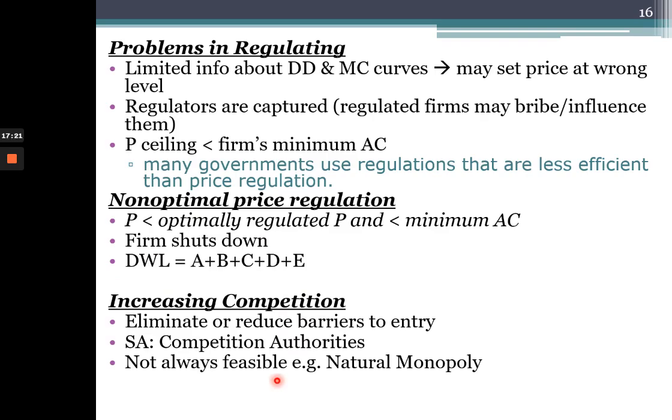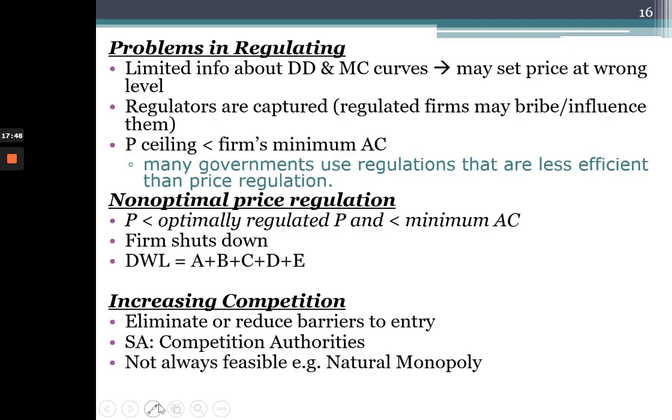So alternatives to this are increasing competition by eliminating or reducing barriers to entry, rather allowing entrance into a market, and often a barrier to entry may be the large setup costs of operating in telecommunications or energy provision, etc., and what government can do to lower those barriers.